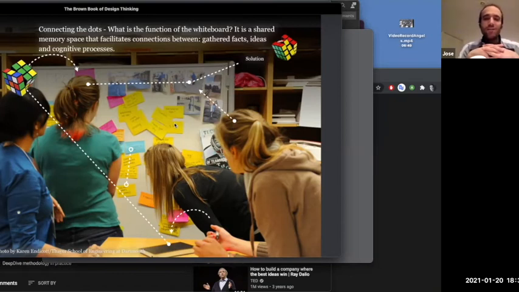If you can connect those two parts, then you solve the puzzle and find a good solution. How do you do that? In design thinking, we use a board and brainstorming. We put all the crazy ideas on post-its so other people can see them, and then we can make connections with the help of the board. Does that make sense?